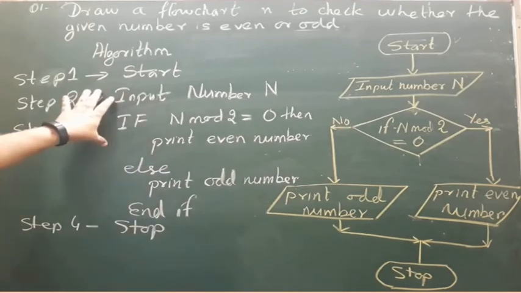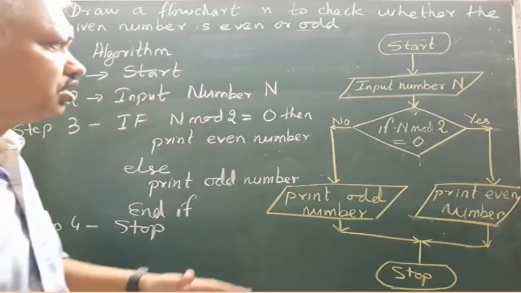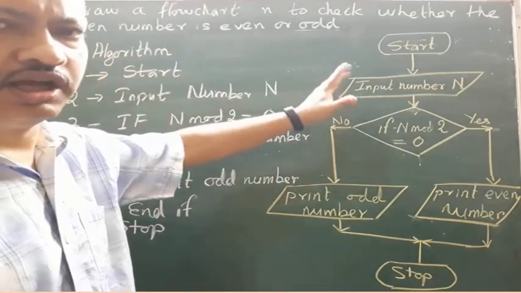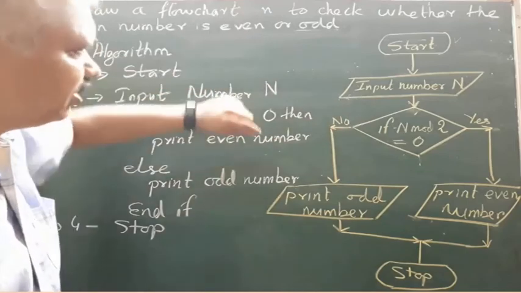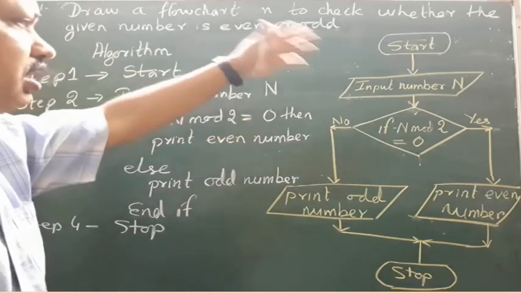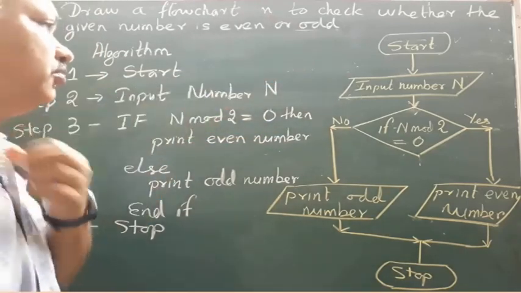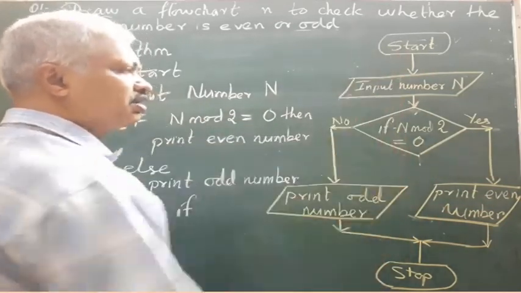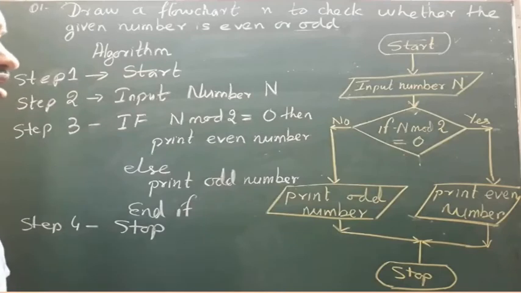This algorithm you have written earlier, but in the exam sometimes you may be asked only to draw the flowchart. At that time you can roughly write, anywhere, maybe either right or left in short, and by seeing that you can draw the flowchart. If you can do it without writing the algorithm, it is the best way.